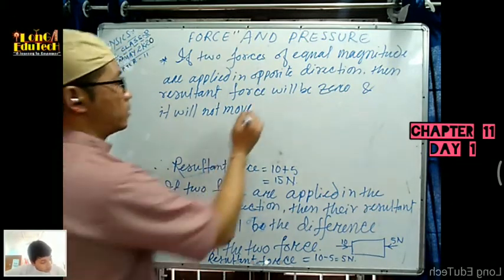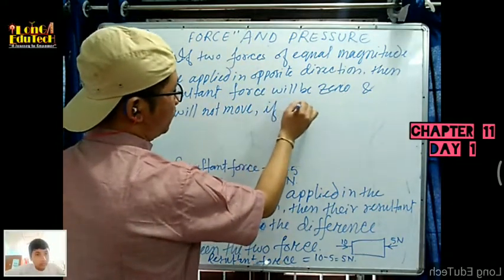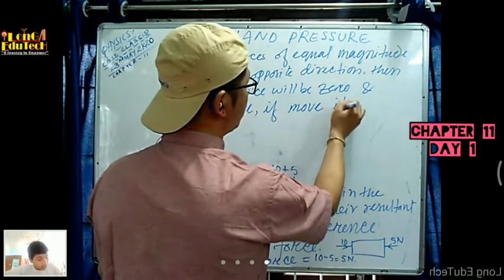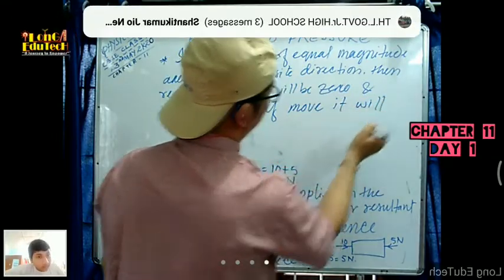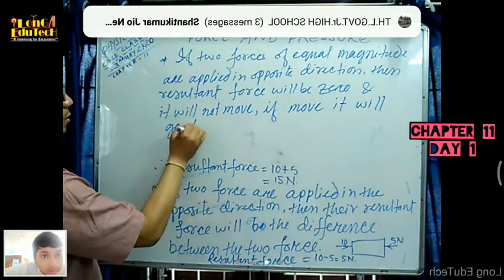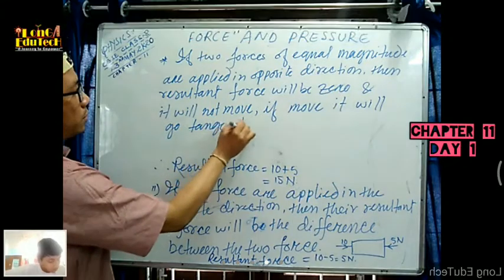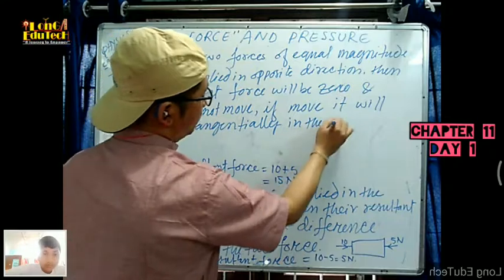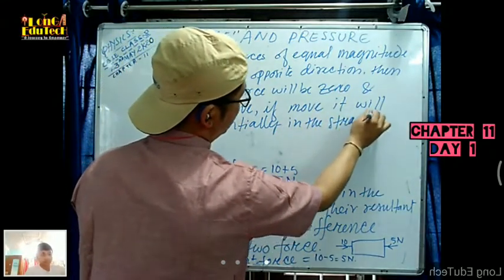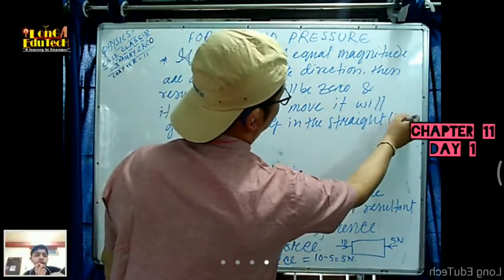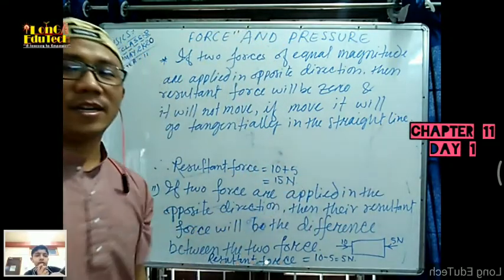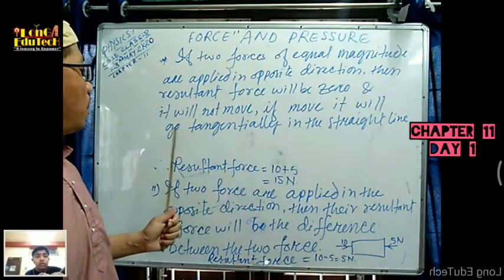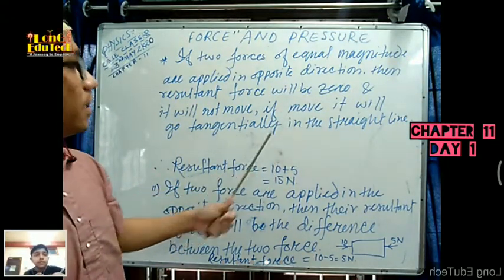But if it moves, when it moves, it will go tangentially in the straight line. New things are coming now; you will learn this in mathematics. So it will go tangentially in the straight line.